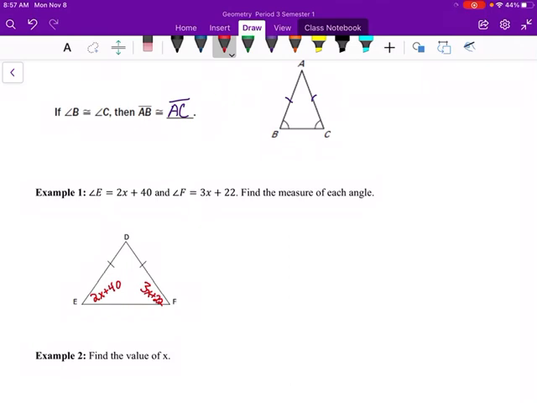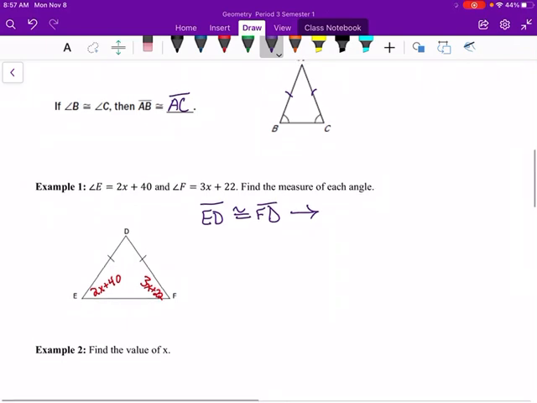So the first thing we're going to do is look at what we know. We know that ED is congruent to FD, which, because of our converse base angle theorem, we know that those base angles are going to be congruent. So we know angle E is congruent to angle F.